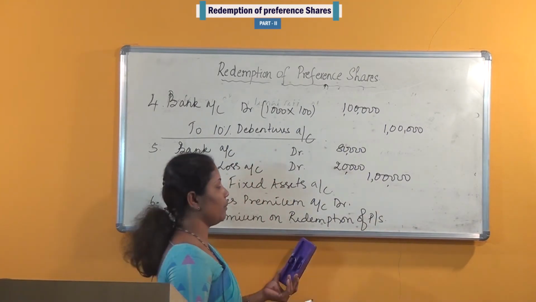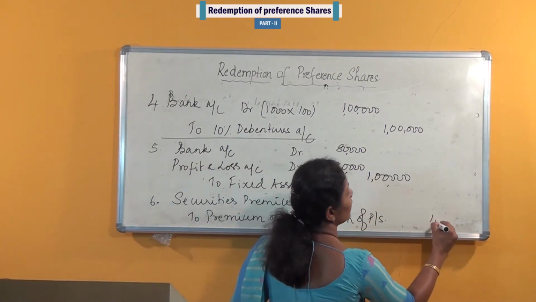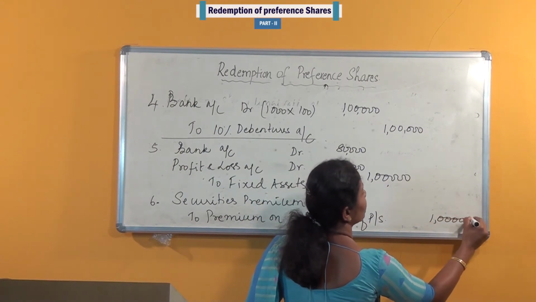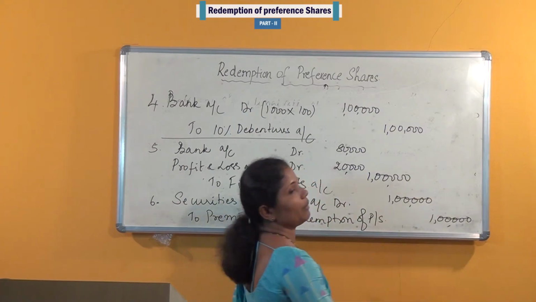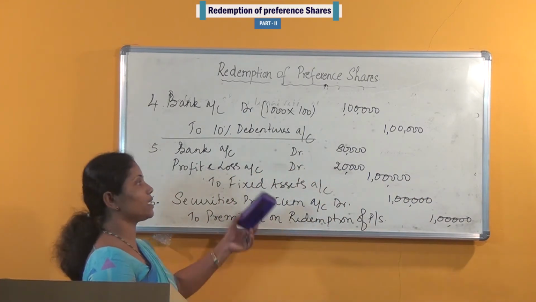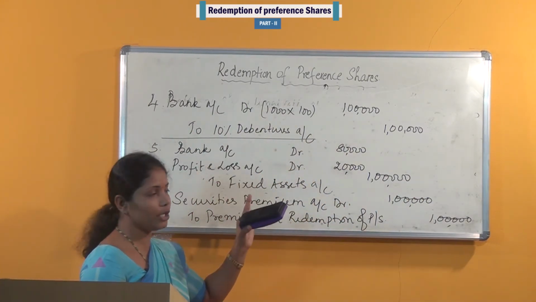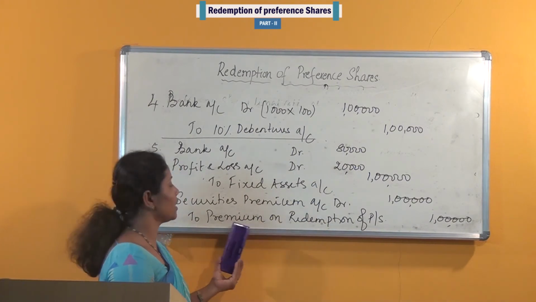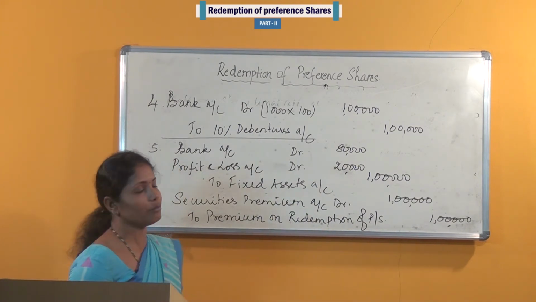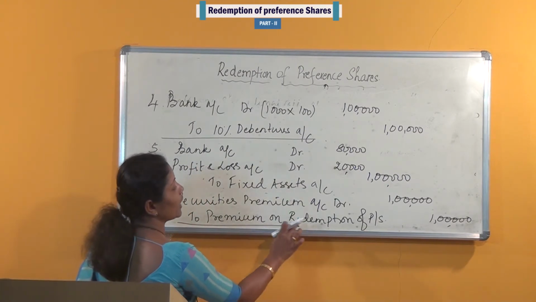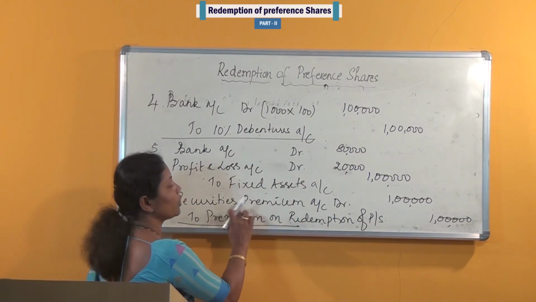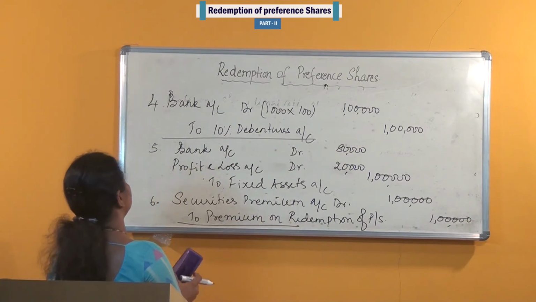What's the amount of premium on redemption of preference shares? 1 lakh. Obviously, 1 lakh has to be transferred from the securities premium account balance. To that extent, the premium account balance reduces while we are creating the provision for premium on redemption of preference shares. This is the entry for premium on redemption provided for out of securities premium.